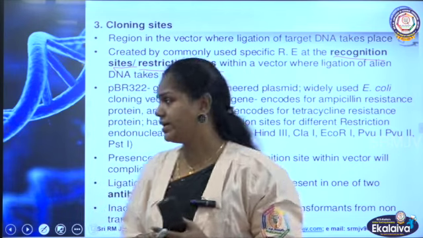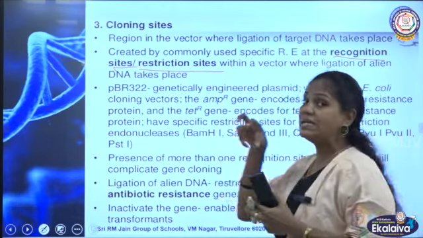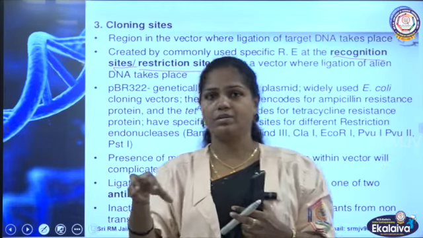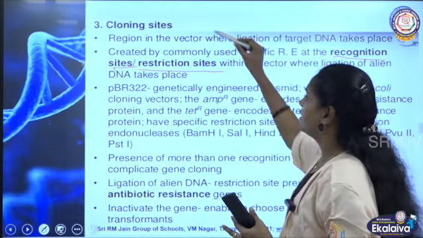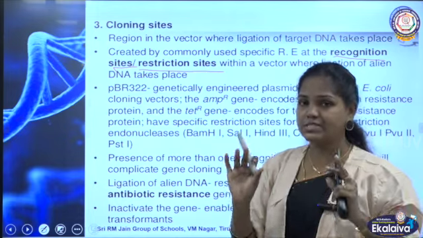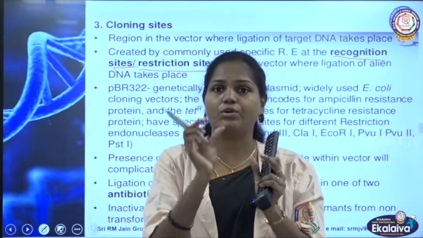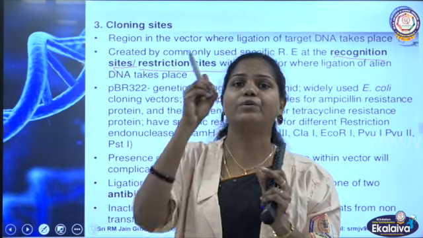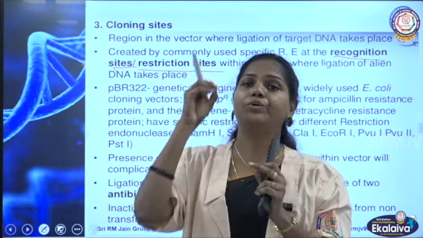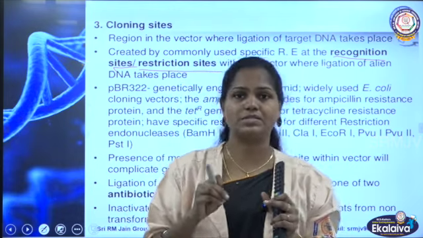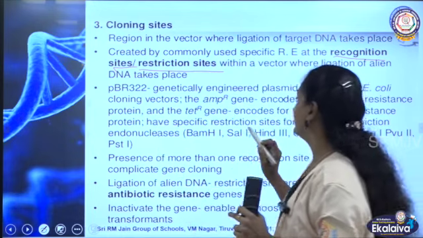And recognition site is where we are going to insert our foreign gene. So, the use of a cloning site is that it is the site of the DNA where we are going to insert our gene of interest.